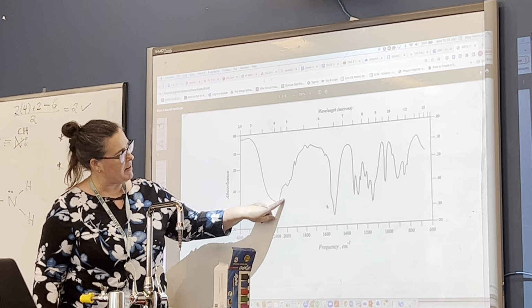Okay, so if it would be possible for us to do the homework, I would be all for it. Y'all are gonna help me with this. Identify the bonds that give absorptions labeled A, B, and C in the infrared spectrum of ethyl ethanoate, which is an ester. Why don't I have something broad over here?